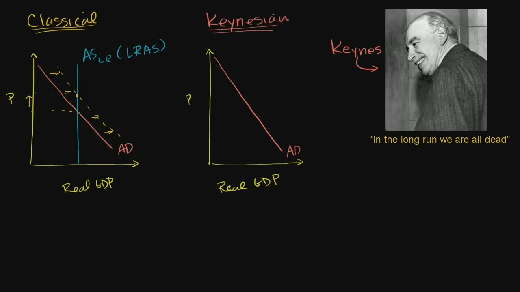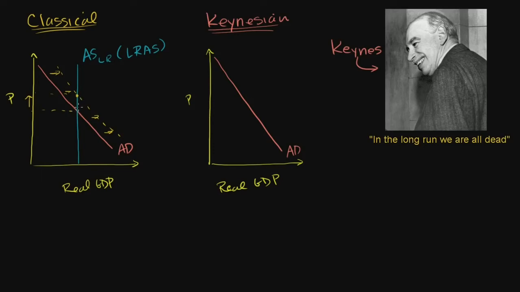If you were to just change aggregate demand, if the government were to print money and distribute it from helicopters, in this classical model, you would just have aggregate demand shift to the right. But you have this vertical long-run aggregate supply curve, so the net effect didn't change the output in this classical model.